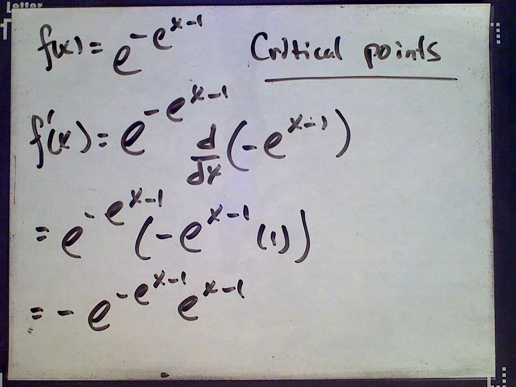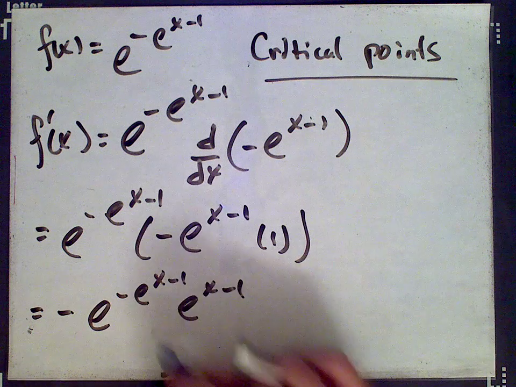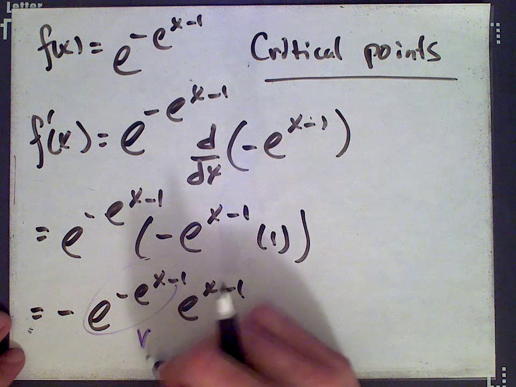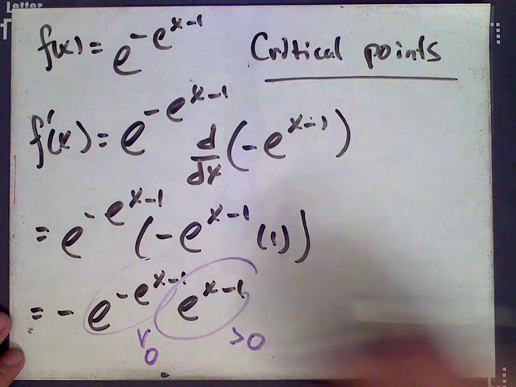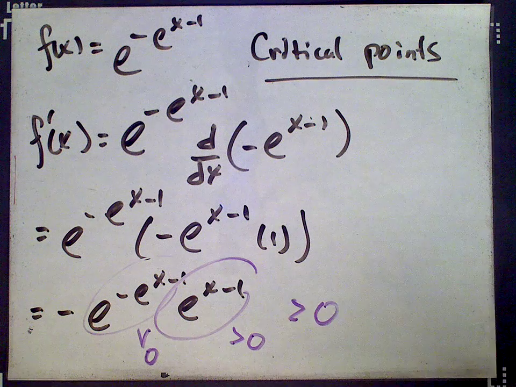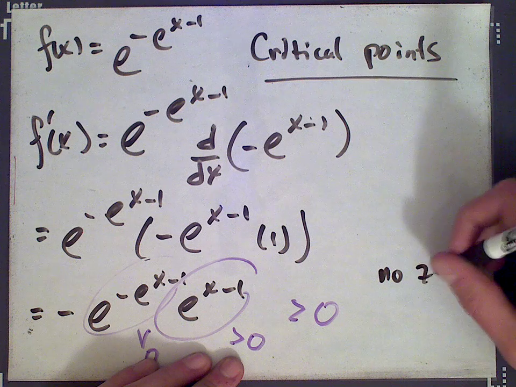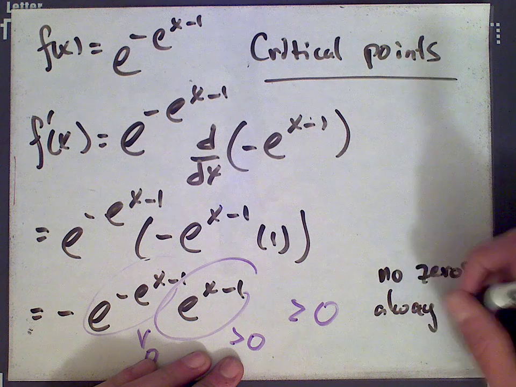Now, one thing we know about e to any power is that this is always bigger than 0. And this here is always bigger than 0 as well. And so this entire function is always bigger than 0. So there are no zeros of the derivative, and it's always defined. Okay, e to the power of anything is always defined.